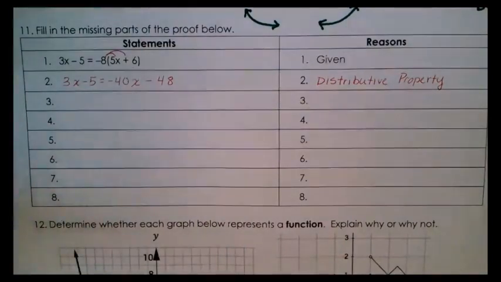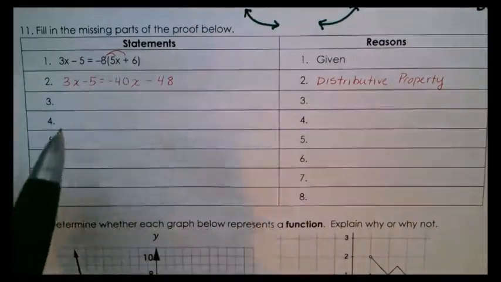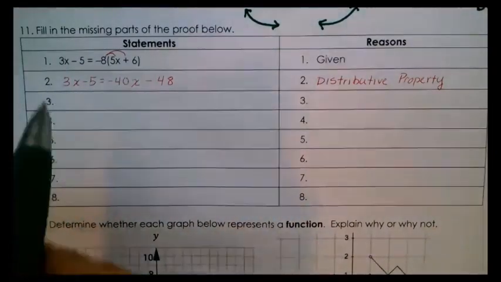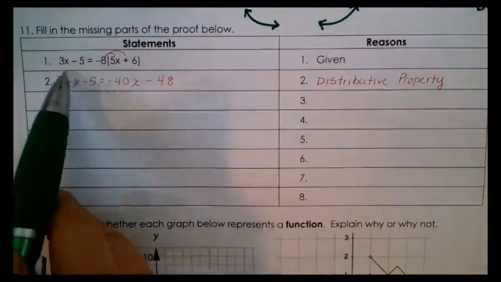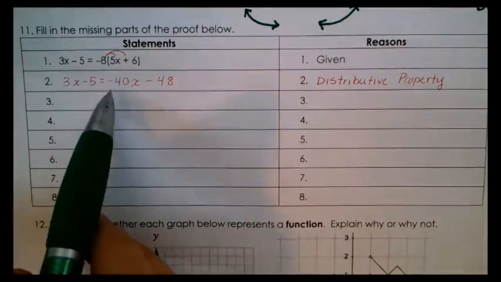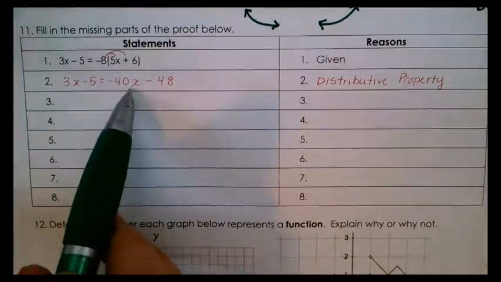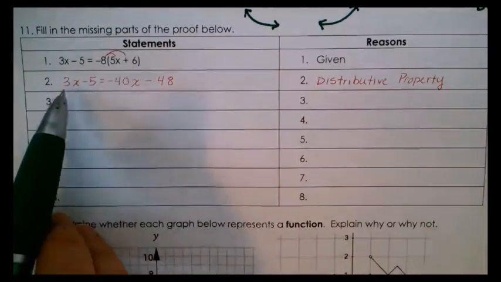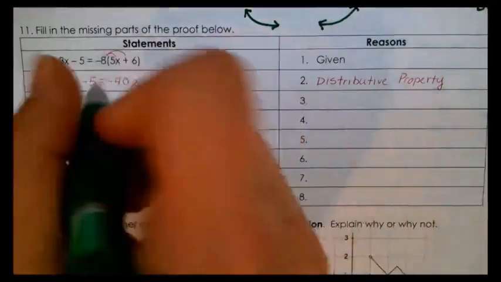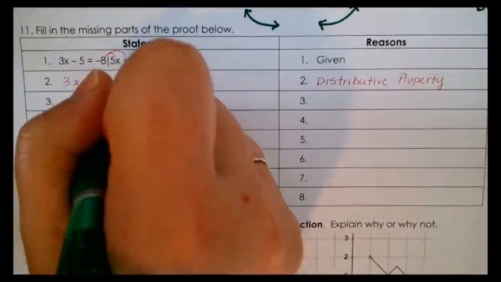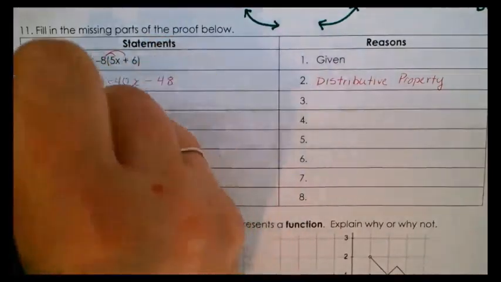Now, I've told you in previous problems, your goal is to take your x's and move them to where there's a larger x value already. Right now, there's a larger x value here at 3x. Negative 40, though 40 is a pretty big number, negative 40 is a really small number. So your larger x value is here at 3. So what you would want to do is add 40 to both sides.